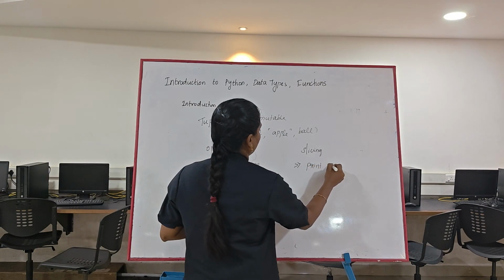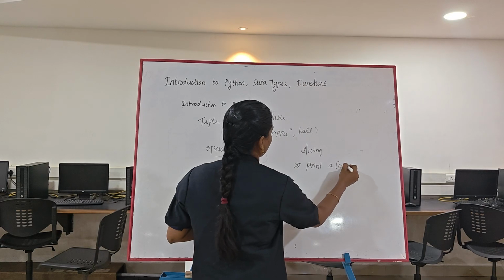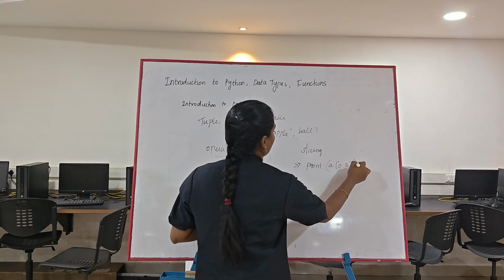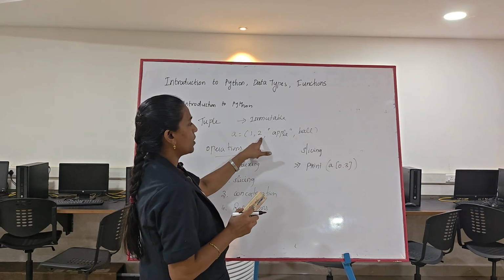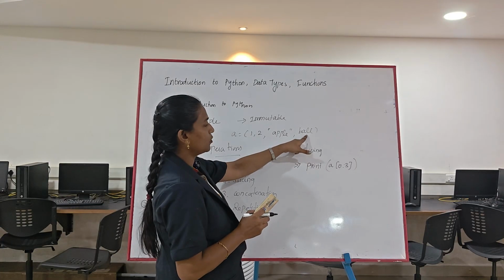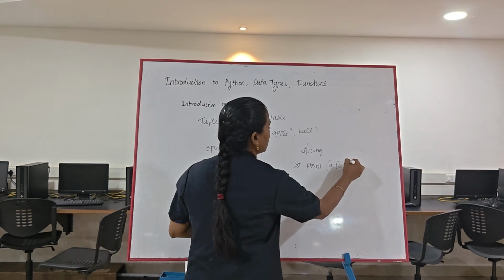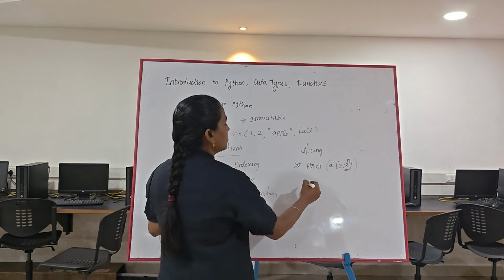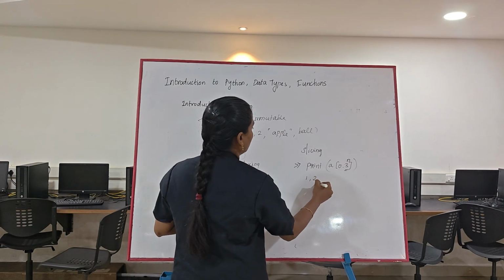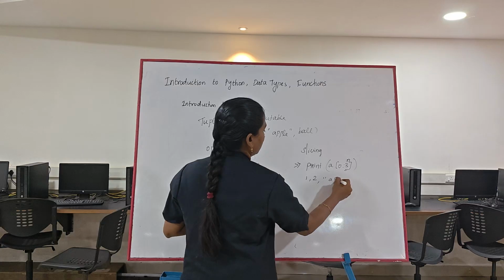Print A of 0 to 3. So 0 to 3 means 0, 1, 2, 3. So we have to finish at n minus 1, so this is up to apple. So our output is 1, 2, apple.